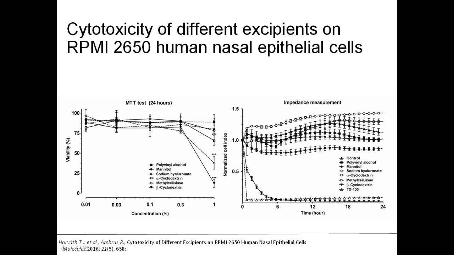No excipients showed toxicity at 0.3% weight per volume concentration or below, while at 1% concentration, a significantly reduced metabolic activity was measured by MTT assay for methylcellulose and cyclodextrin. So if we apply this kind of excipients, we have to use lower concentration.